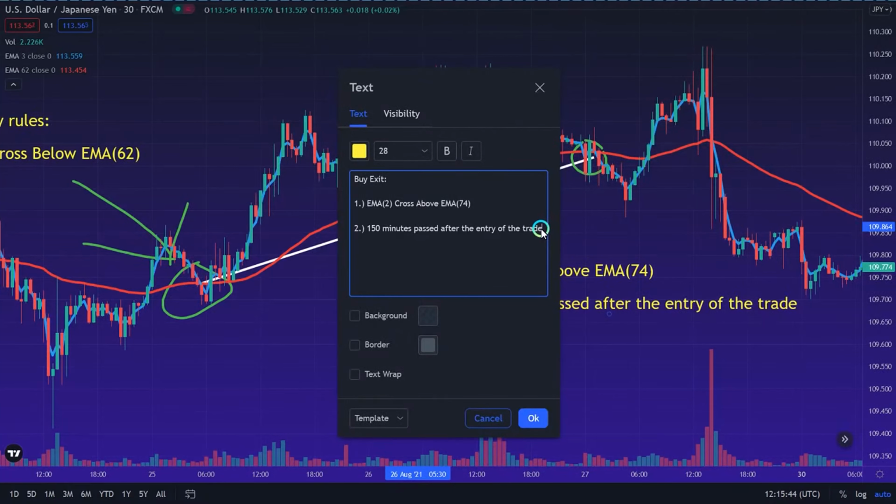So we have a third condition as well. It is basically just something that we must do, and it is a safety stop loss that in this scenario I would say should be maximum 30 to 50 pips.